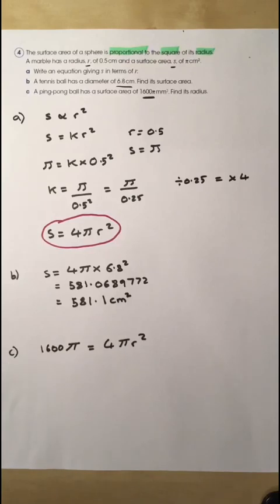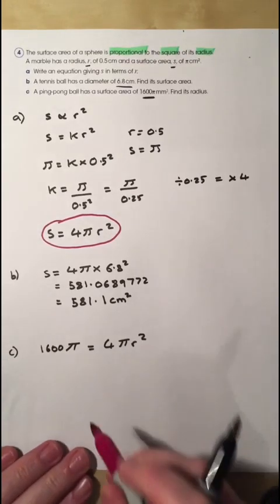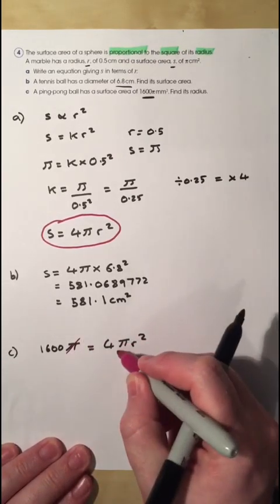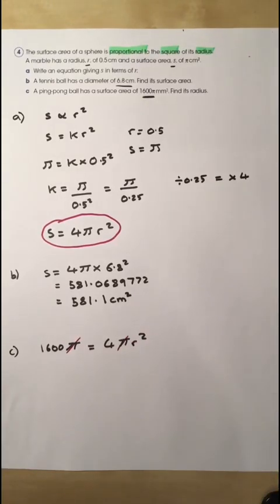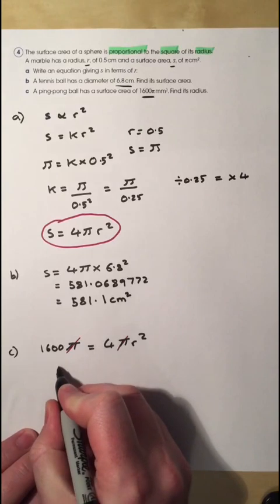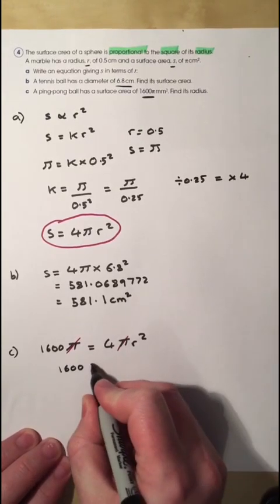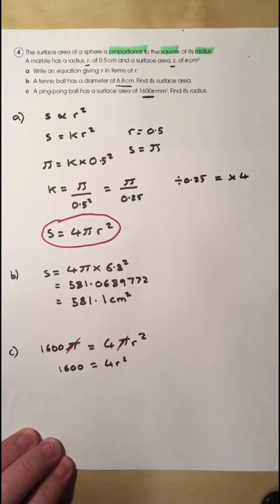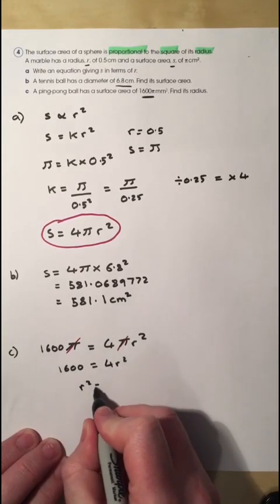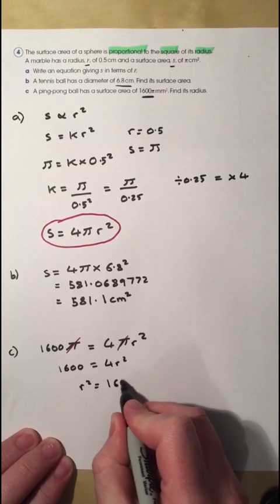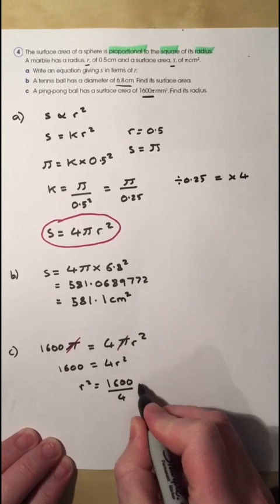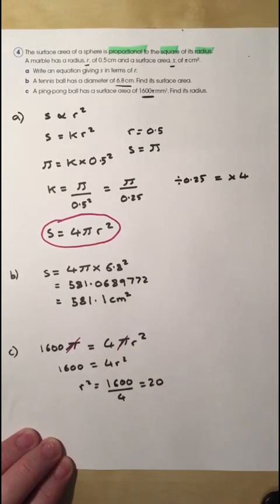Because we have a pi on both sides of the equation, they will cancel out. Or, if you'd like to think about it, we're dividing both sides by pi, which again cancels them out. So this line becomes 1600 equals 4 R squared. To find out what R squared is, we divide 1600 by 4, which equals 400.